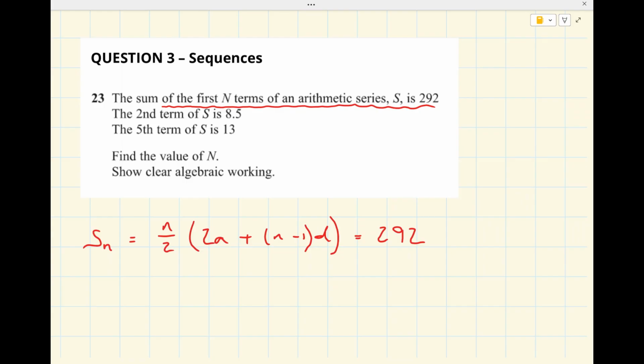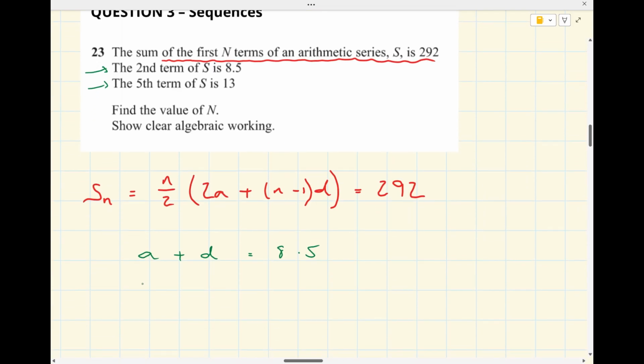Now, the second term is 8.5. So I can straight away write down that a plus 1 difference is 8.5. And the fifth term is 13. So I can straight away write down a plus 4 differences equals 13. Now I'm thinking I can solve these 2 equations simultaneously to find a and d.